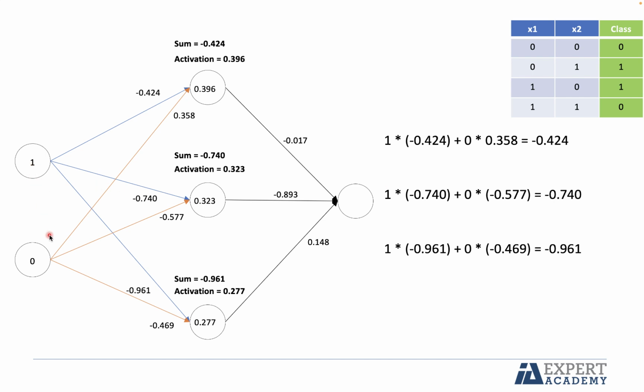See here, 1 and 0. This is the third row. We apply the sum function. You can see the calculations here, and the activation function. Finally, we move on to the last row, 1 and 1, and apply the same calculations, the sum function and the activation function.